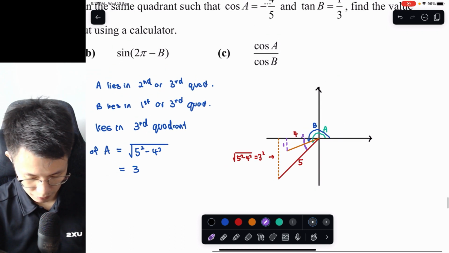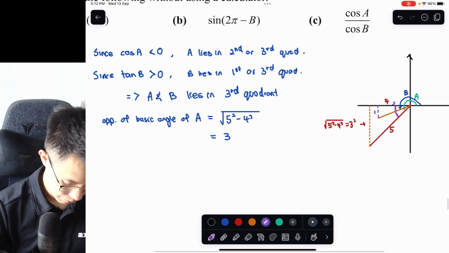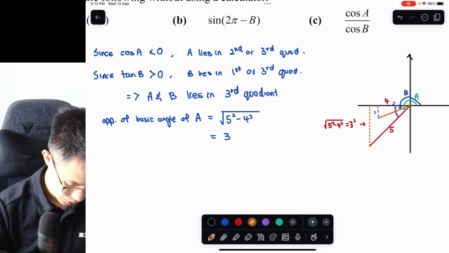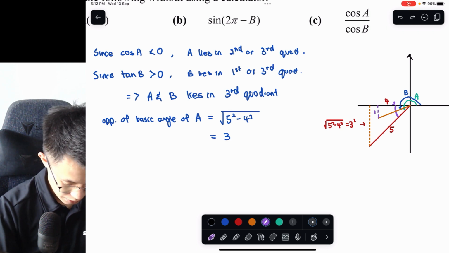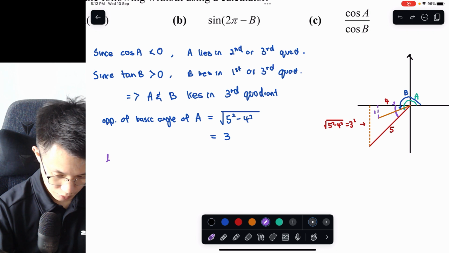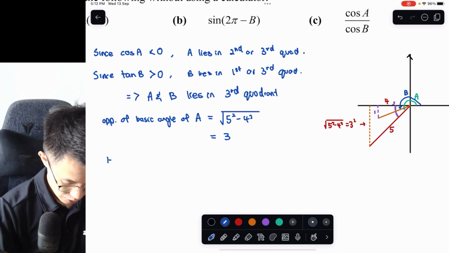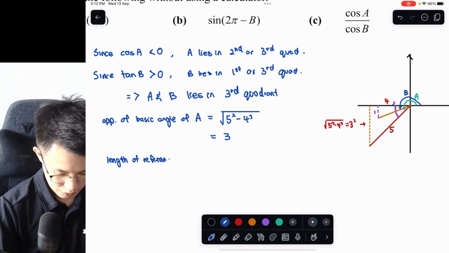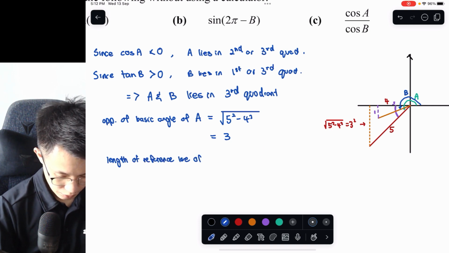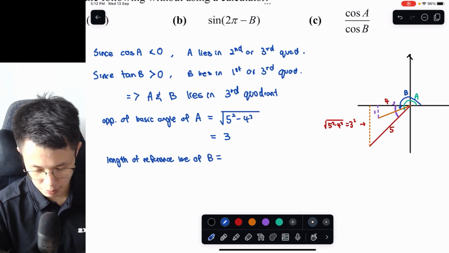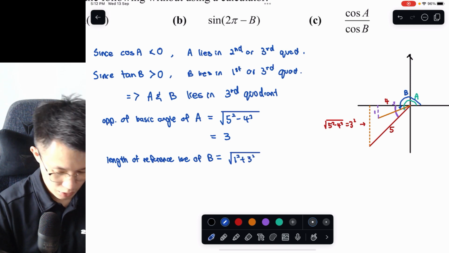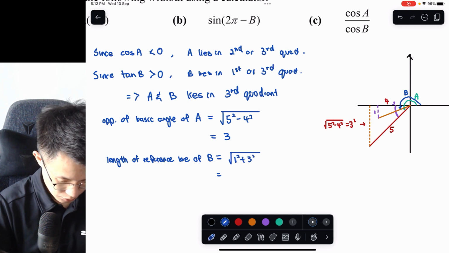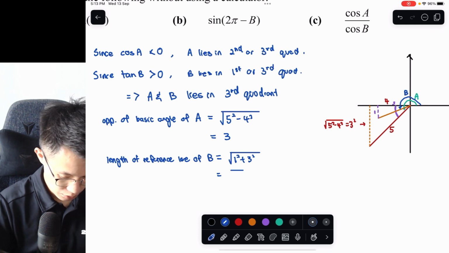So from here we can figure out the length of the reference line of angle B, which is simply the square root of 1 squared plus 3 squared, which gives you the square root of 10.